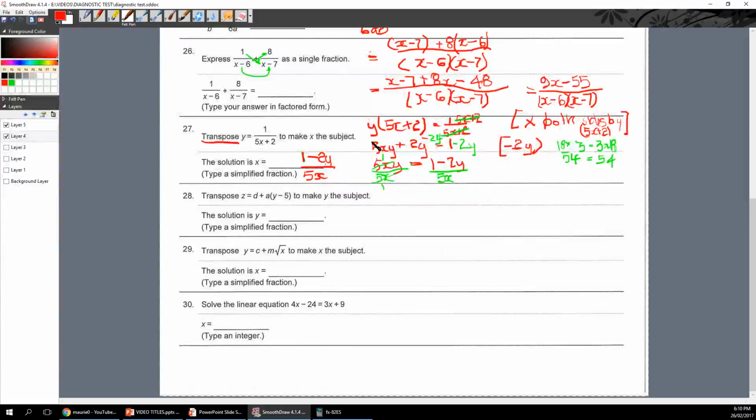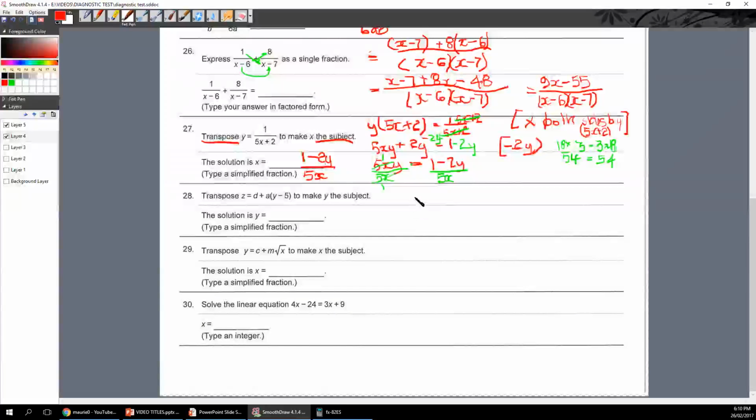And hey presto, we have transposed y equals 1 over x plus 2 to make x the subject of the equation. Awesome. Okay, number 28. Transpose Z to make Y the subject.